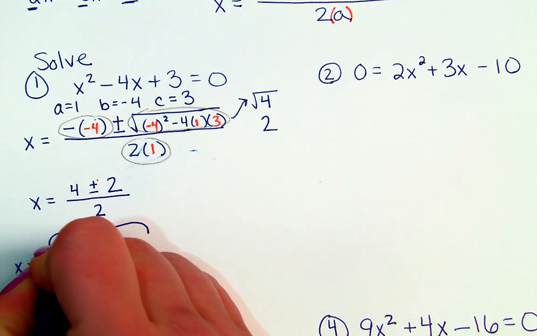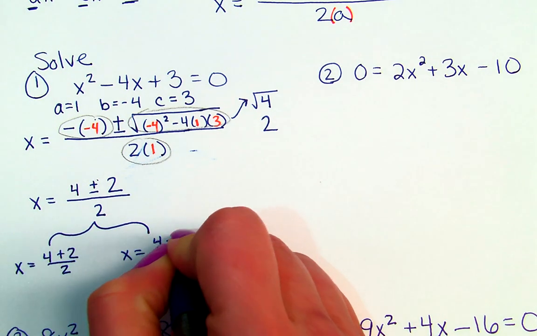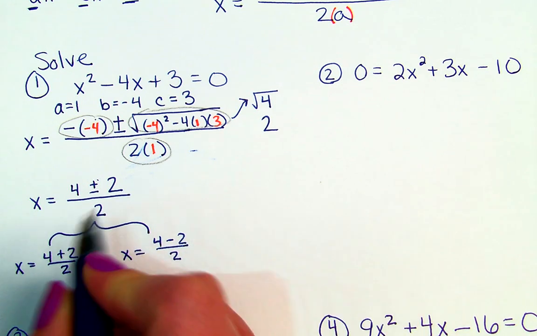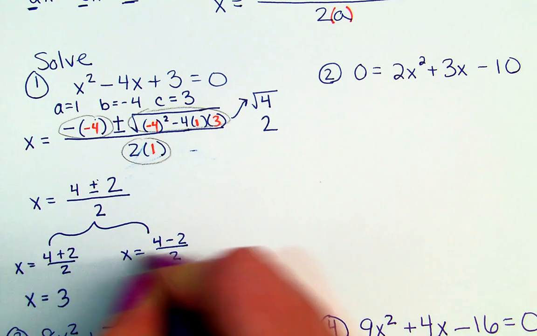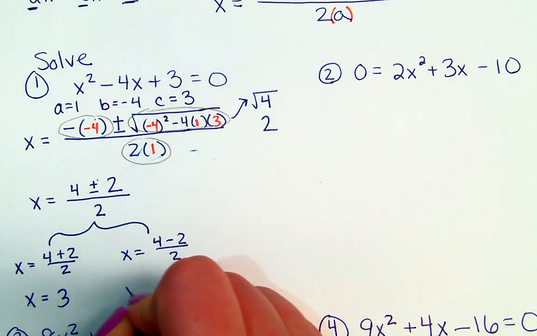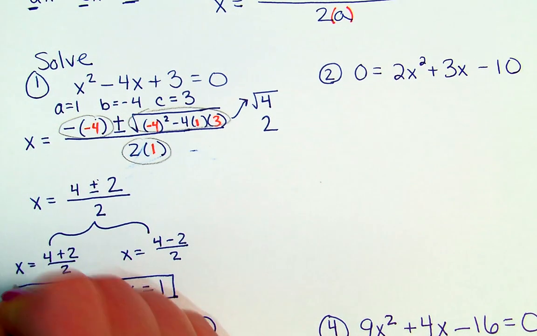So x equals 4 plus 2 over 2, and x equals 4 minus 2 over 2. So I now have 4 plus 2 is 6 over 2 is 3, and 4 minus 2 is 2 over 2 is 1. These are our solutions.